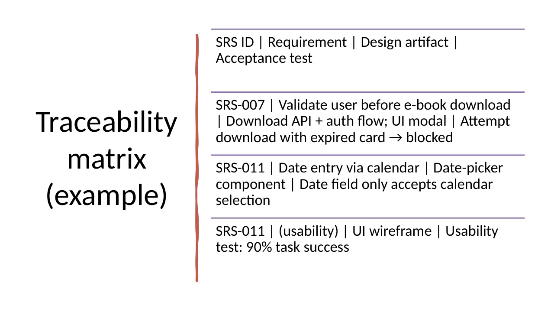Developers review these to assess technical feasibility, and QA engineers use the matrix to create precise test cases that verify every requirement is met. By maintaining this connection throughout the project, we can confidently manage changes and ensure the final product aligns with what stakeholders need. Let's move on to the next slide, where we will discuss how this process supports overall project quality.